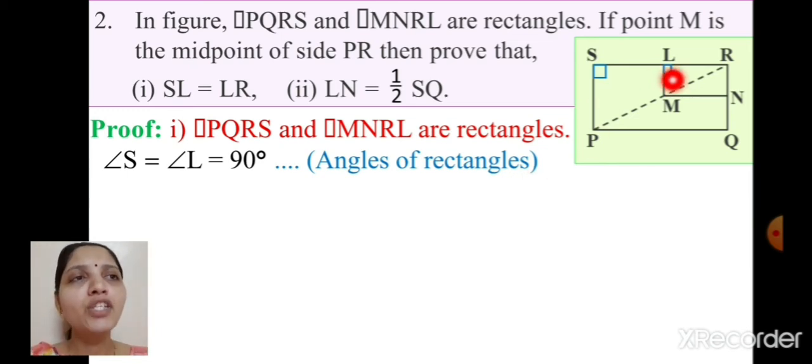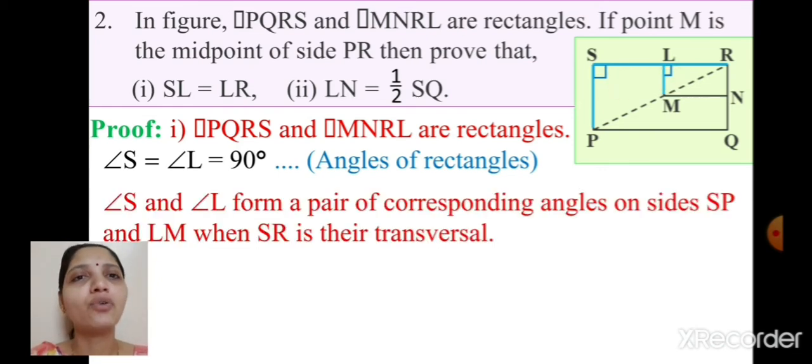Now, if these two are 90 degree, that means these two are equal. And if you consider segment SP and segment LM as parallel lines and SR as a transversal, then these two are corresponding angles.